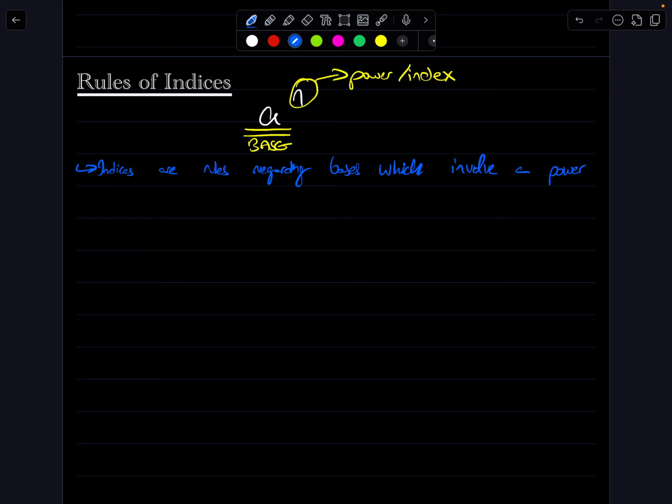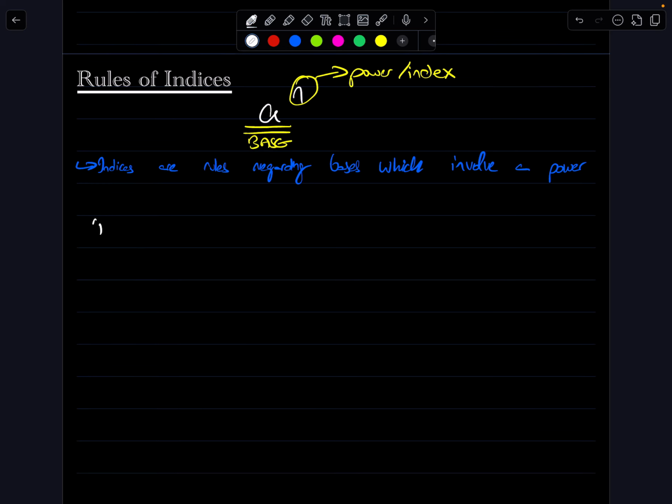So first of all, let's look into the rules where the bases are the same. For example, when bases are the same but powers are different and there is a multiplication sign in between, we add the powers. Similarly, if the bases are the same, the powers are different but there is a division sign in between, you will subtract the powers.